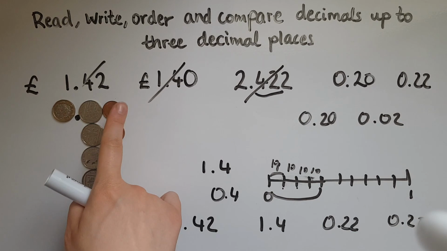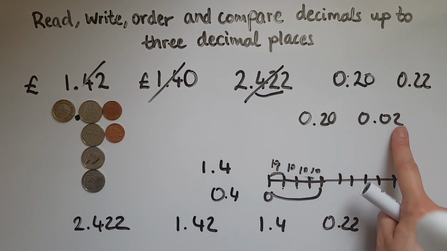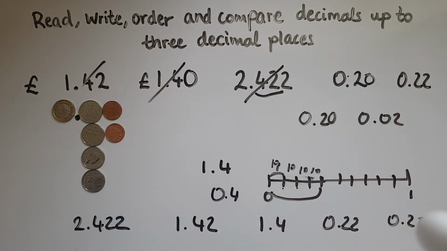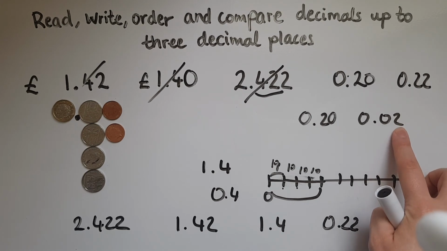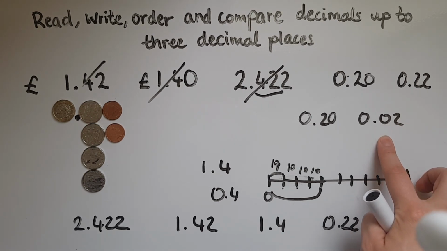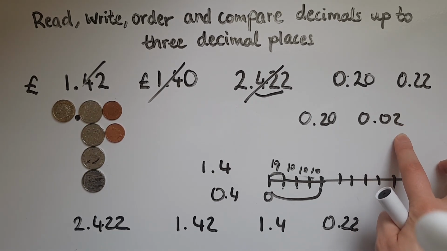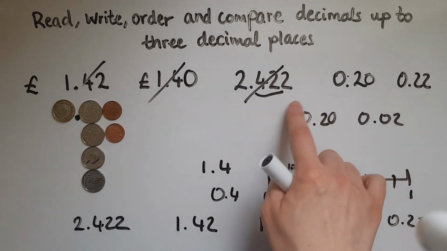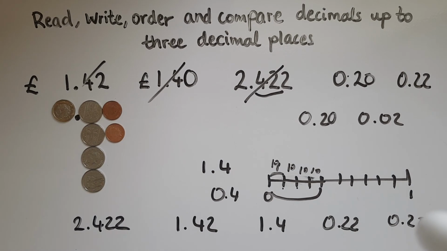Because if you remember the order, we'd have the 10p first and then the 1p after that. So there is no 10p coin here, but there are 2 pennies. So the value of this is just 2 pence and this is 20 pence. So this must be bigger. I hope this has helped you to read, write, order and compare decimals up to 3 decimal places.